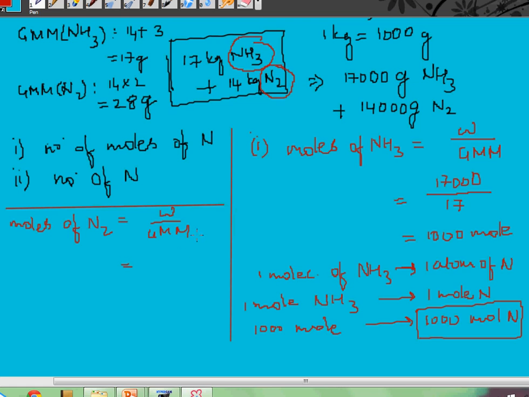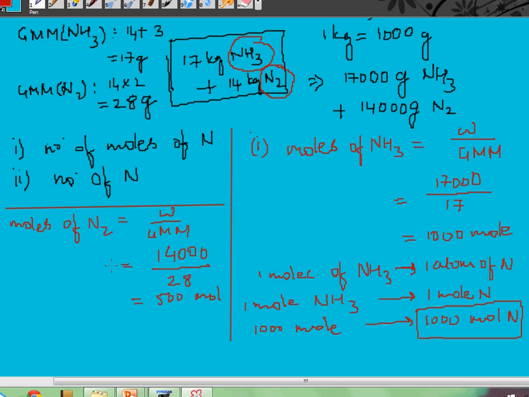The given mass of N2 is 14,000 gram and the gram molecular mass of N2 is 28 gram. So 14,000 divided by 28 will be equal to 500 mole.